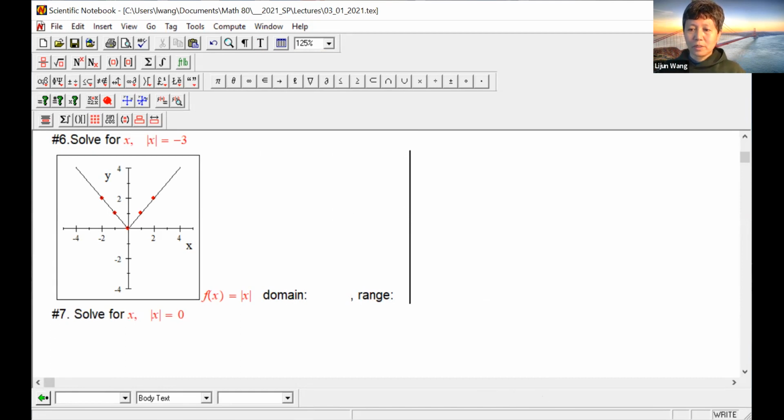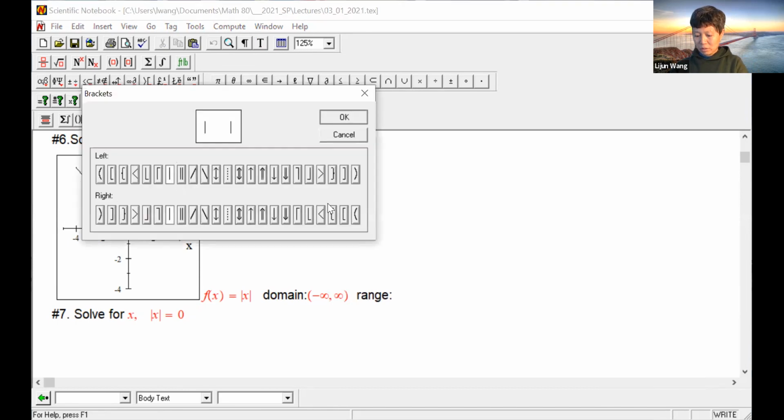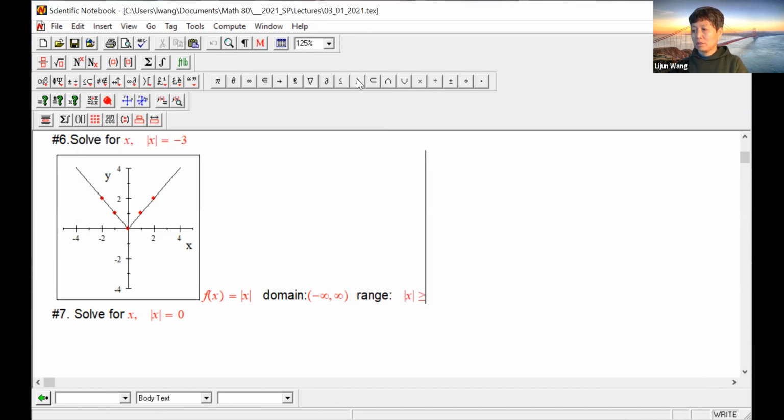Thank you for your responses on chat. So what are the possible inputs such that the output is -3? The domain for this function is all real numbers. And the range is greater than or equal to 0.